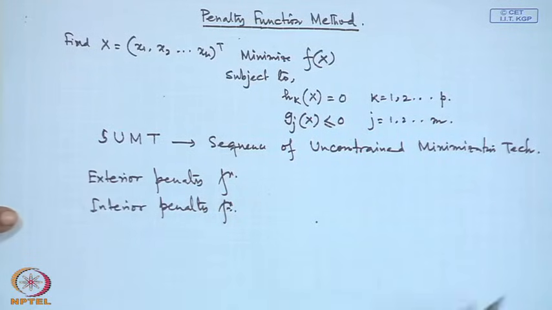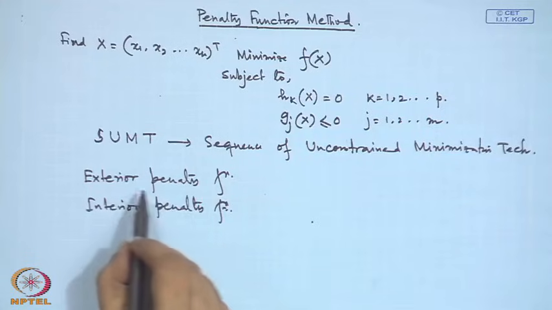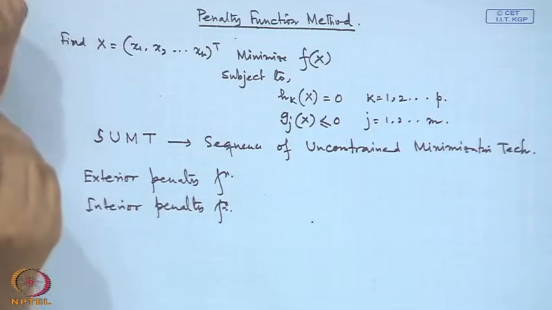The exterior penalty function method generates a sequence of infeasible solutions one after another, an iterative process, and once it reaches the feasible space, the iteration stops. But the interior penalty function method, I will explain with an example as well as graphically, generates a sequence of feasible points, which converge to the optimal solution of the original problem.